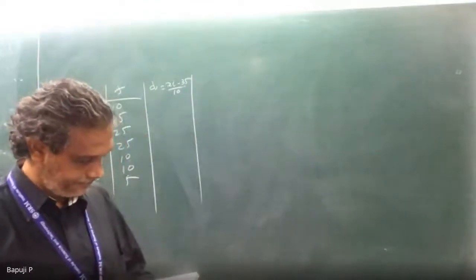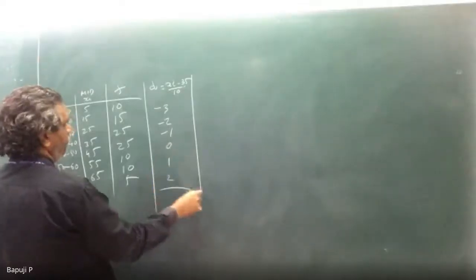Tell me. -3, -2, -1, 0. Then find out f i d i.